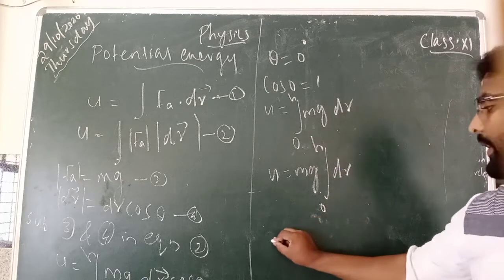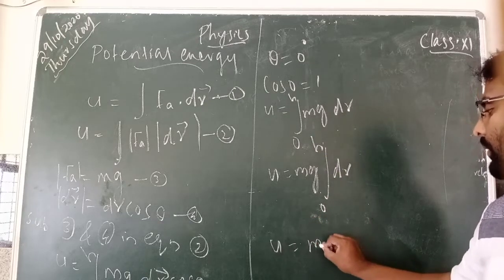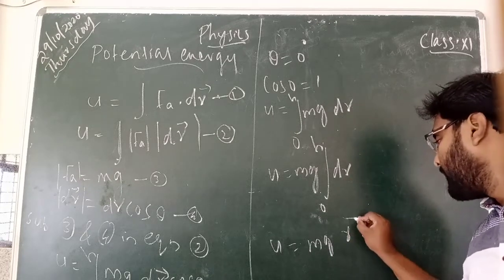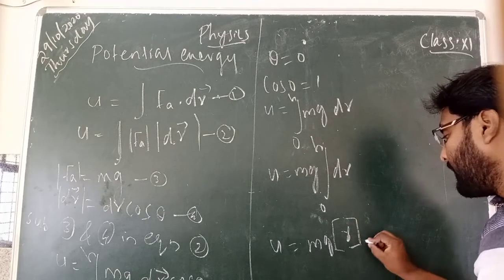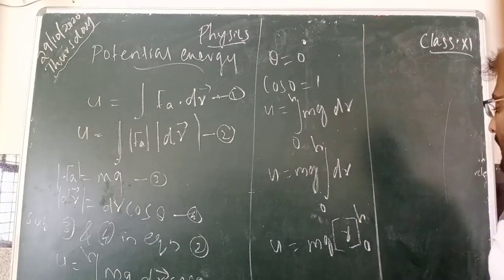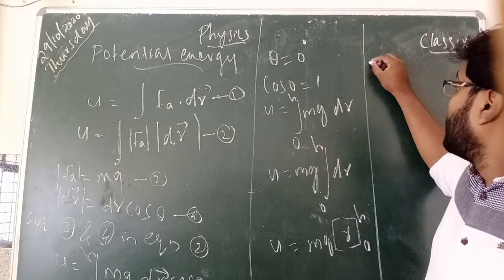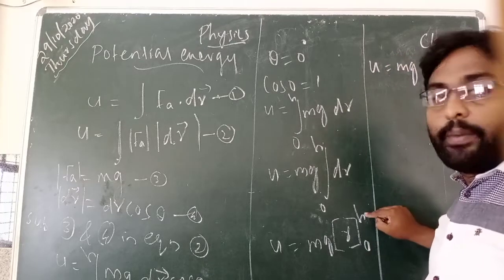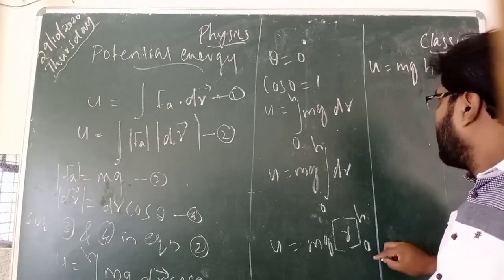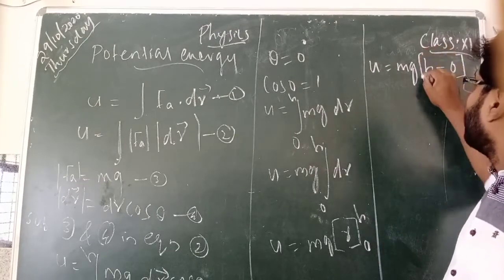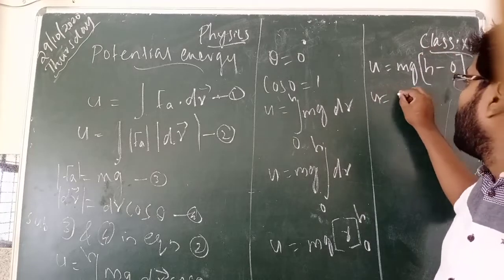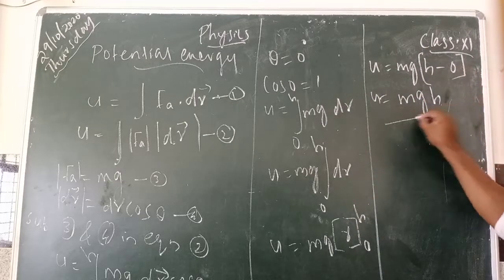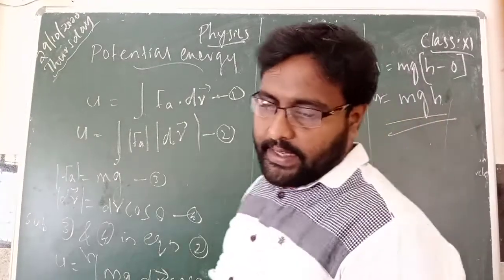Now integrate this, u is equal to mg, dr integration is r, limit 0 to h. Apply the upper limit. So u is equal to mg, upper limit h minus lower limit 0. mg into 0 is 0. So u is equal to mg h.